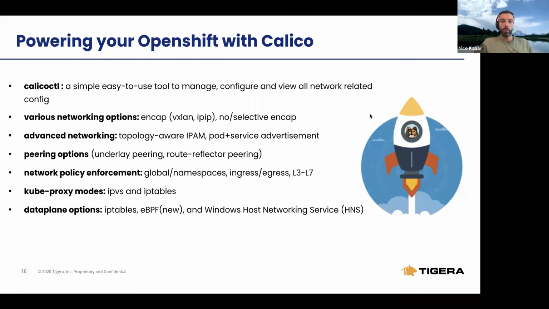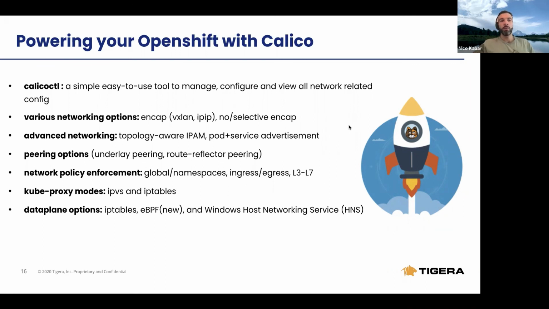I want to double-click on some of the specific use cases that, as Ken mentioned, actual customers have raised around capabilities that Calico has helped them with, or that they are looking for Calico to help them with. So I wanted to take a minute to summarize that using this slide.